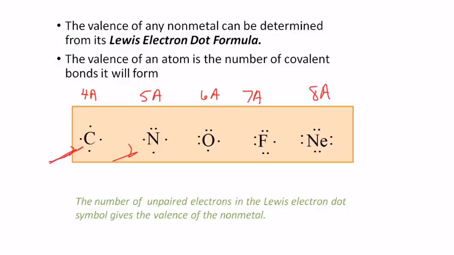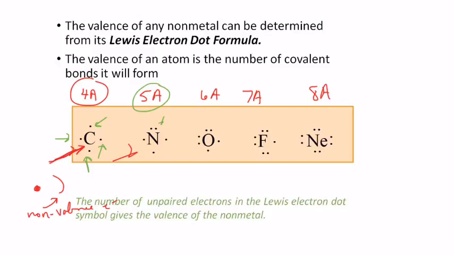For instance, if we pick on carbon here, that letter C actually is the nucleus and also the non-valence electrons. So if it's 4A, it has 4 valence electrons, so that makes these 4 dots, those are your valence electrons. That's what this Lewis dot structure is saying.